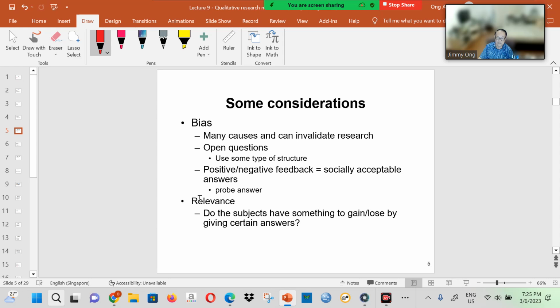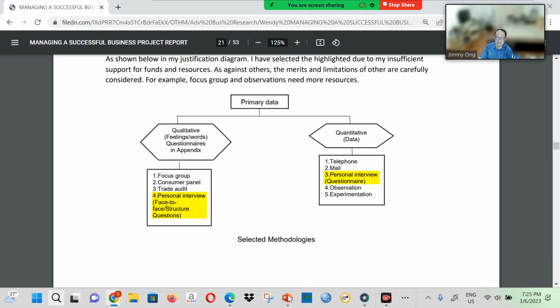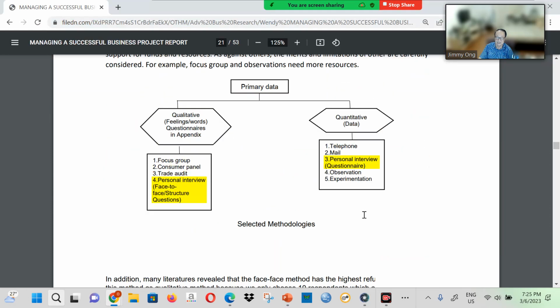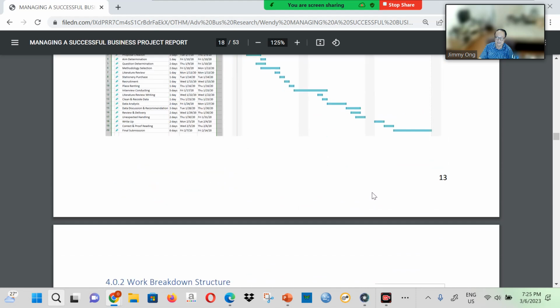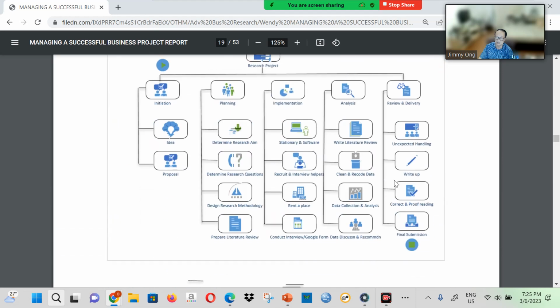Okay, so this relevancy is talking about, as I mentioned before, right? And in this area, this is the area you are having some section with the qualitative, so-called people that you talk to.